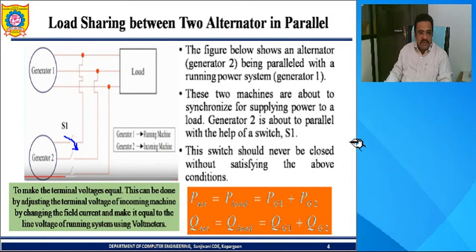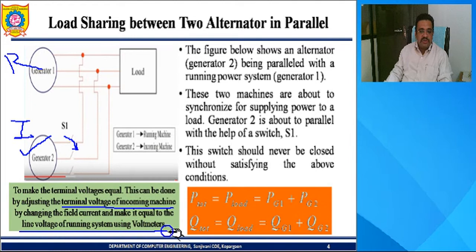To make the terminal voltage equal, we adjust the terminal voltage of the incoming machine. Incoming machine means this one, and this is the running machine. By changing the field current, we make it equal to the line voltage of the running system using voltmeters.